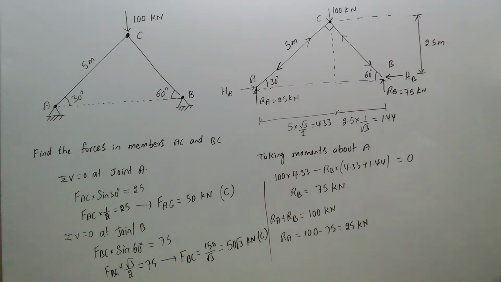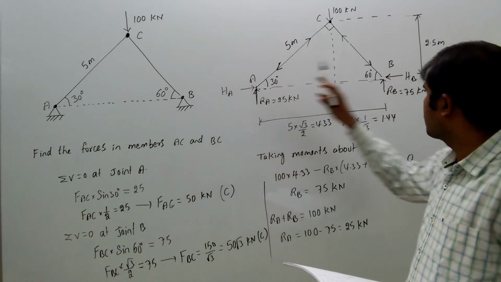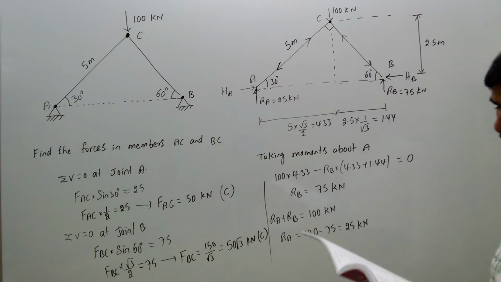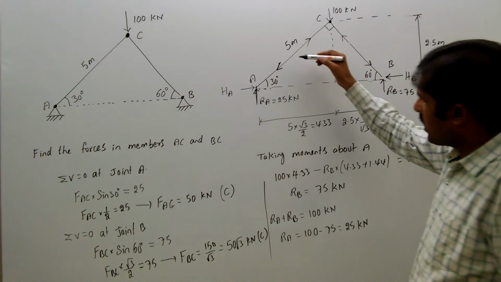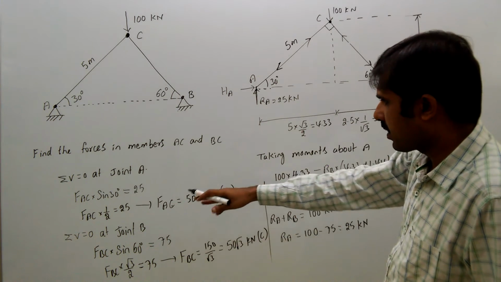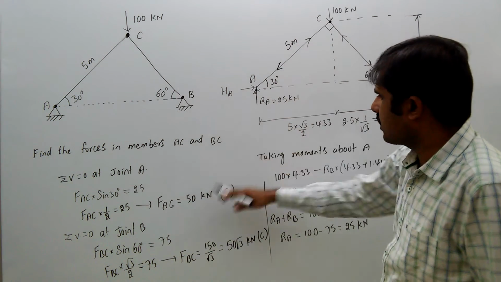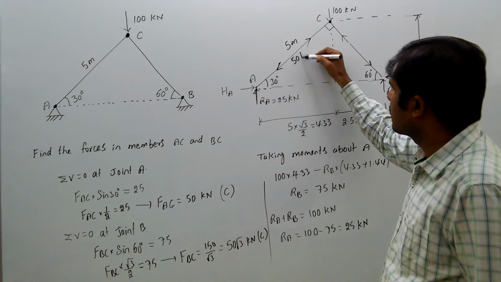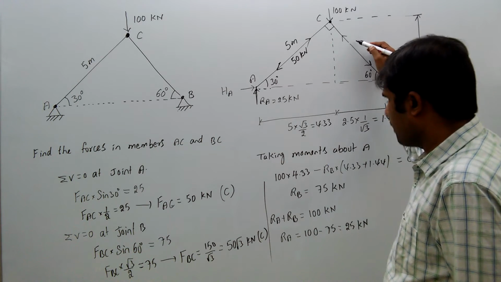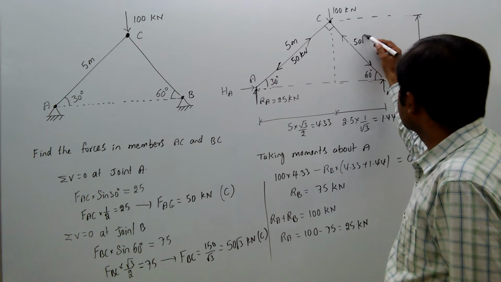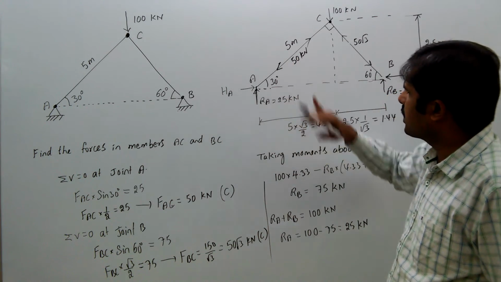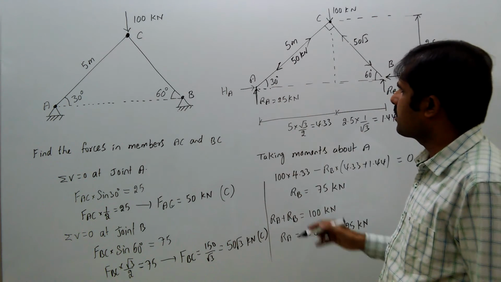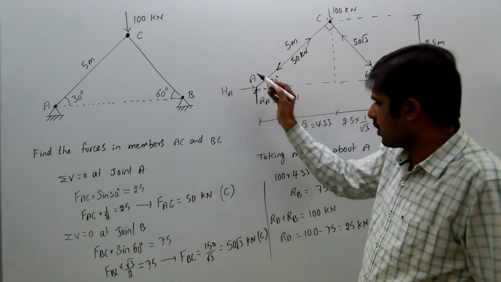So both the forces are compressive. If you want to find this horizontal reaction here or here, we can find it. Because we got the force in AC is 50 kilonewtons here, and here 50 root 3 kilonewtons. What is the horizontal component of this? 50 into cos 30.